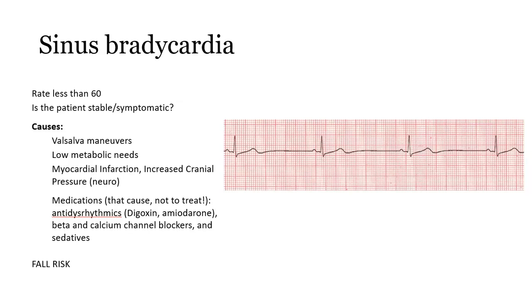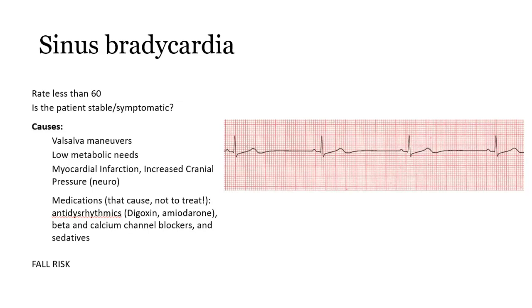Other things that could cause sinus bradycardia are heart injury or brain injury. So a heart attack, increased cranial pressure. Also think about medications that are given to patients to interrupt a dysrhythmia. Some of those anti-dysrhythmics are digoxin and amiodarone.